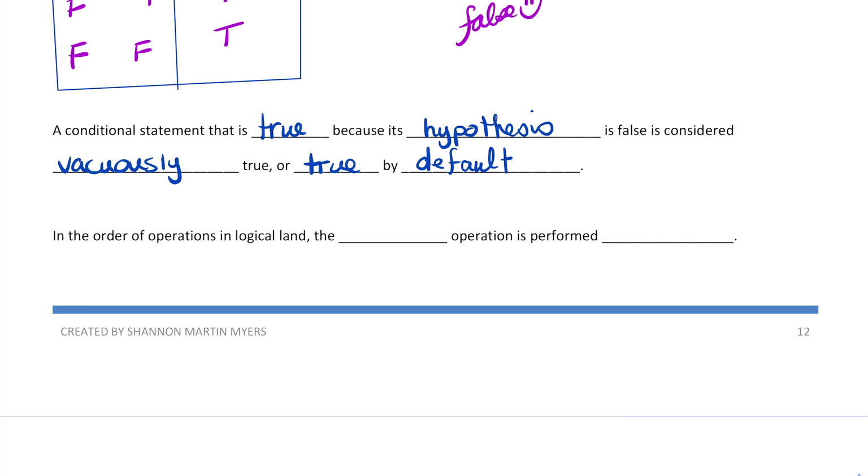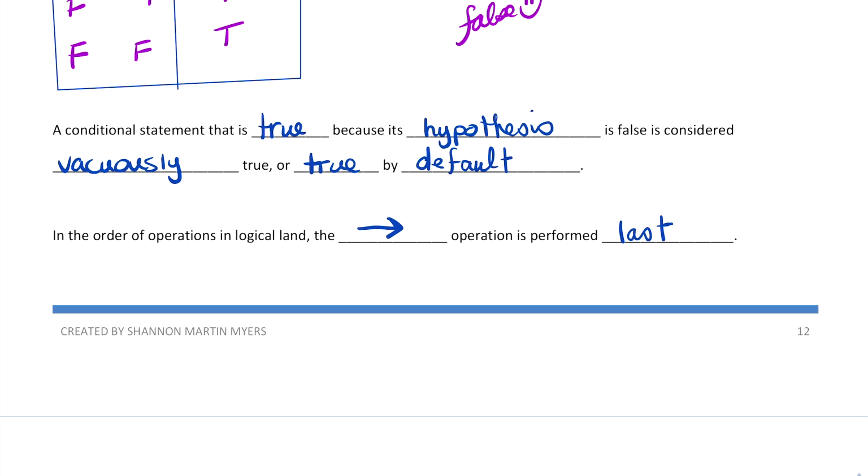All right, so now let's take a look at order of operations for this connector. So in logical land, in the order of operations, the arrow then operation is performed last.